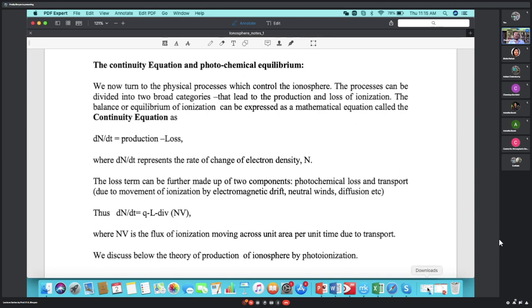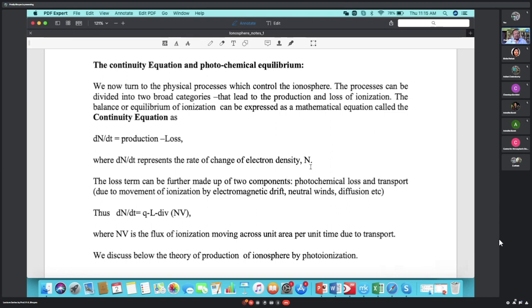When continuous production and continuous loss are there, the rate of change of the species with respect to time will be production minus loss. Now in this particular case, dn/dt represents the rate of change of electron density.